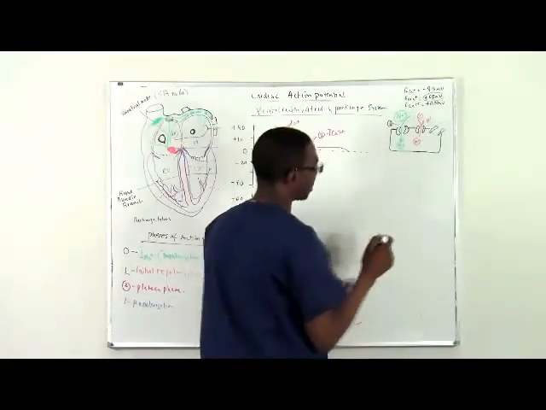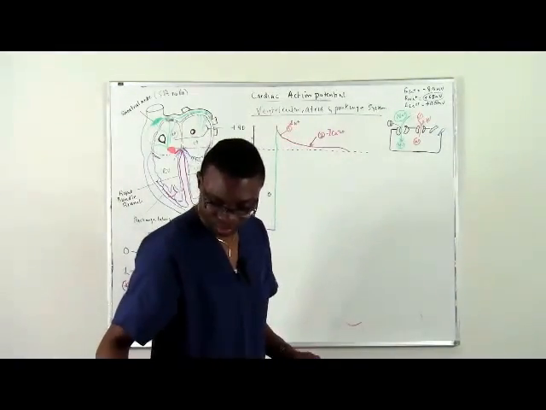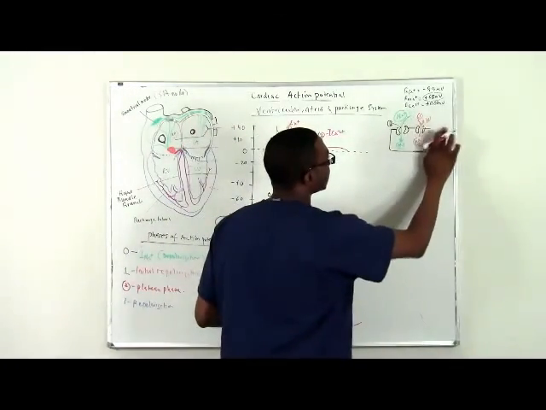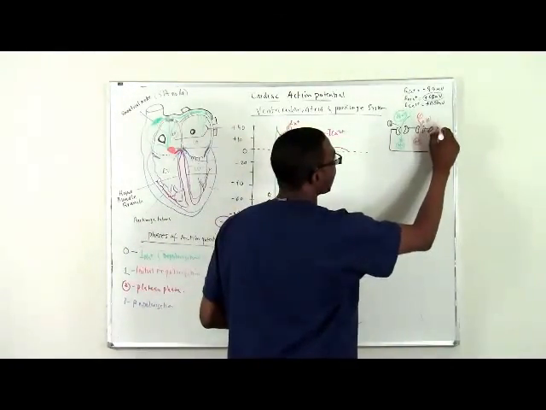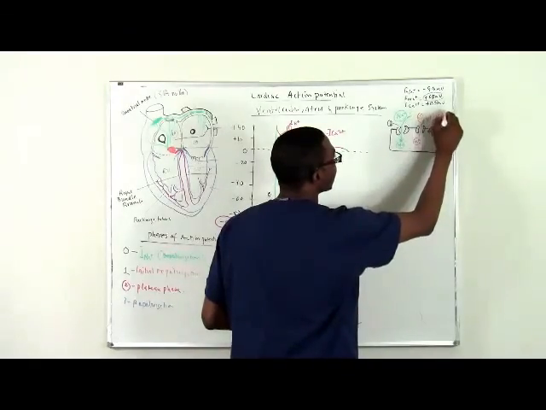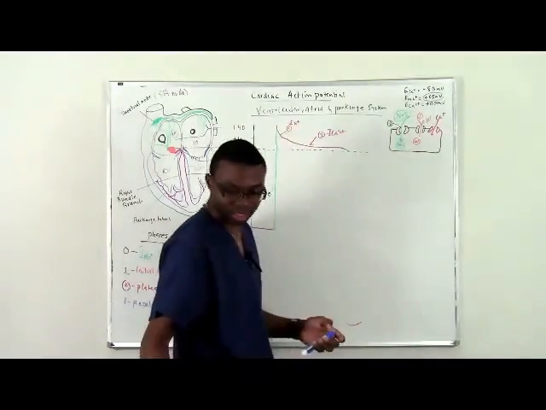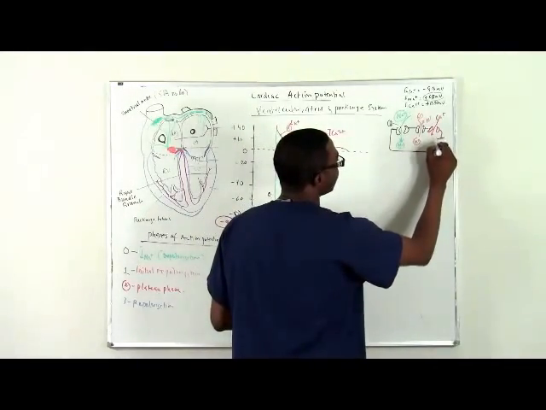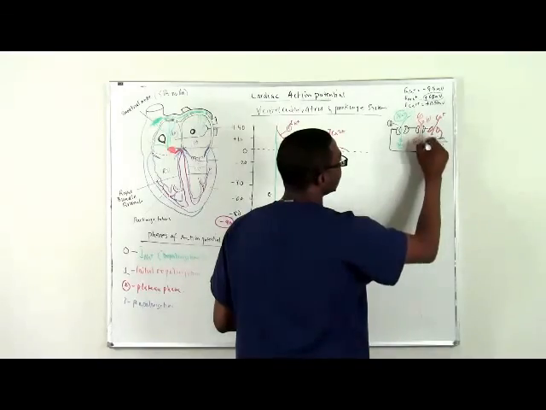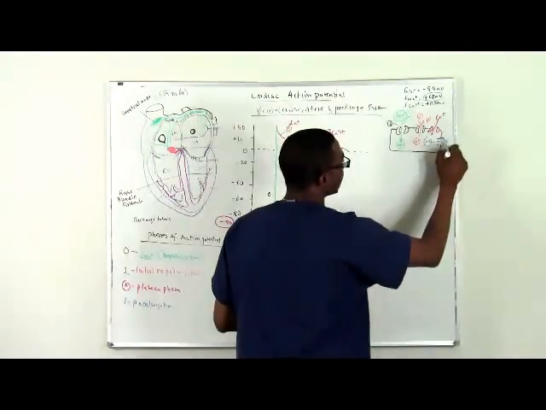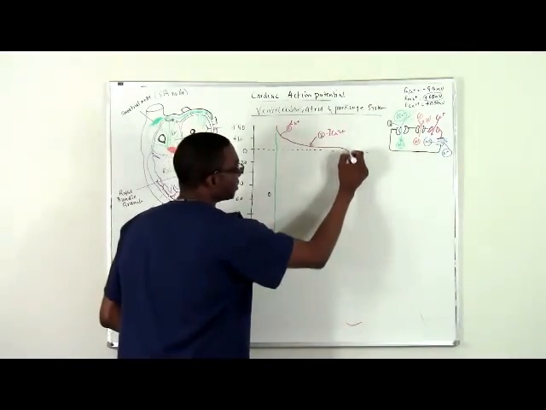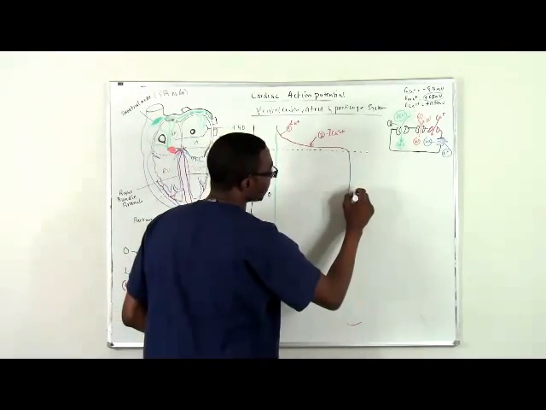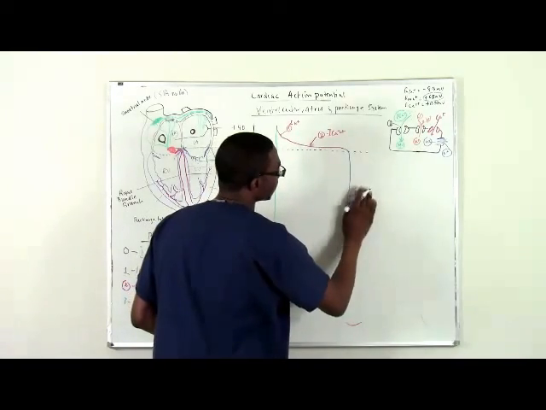I forgot to tell you, draw on the board: calcium influx. When calcium comes in, you get the plateau. And last but not least, when you get potassium leaving the cells, that is repolarization, efflux of potassium.